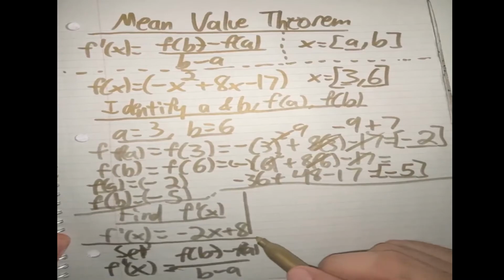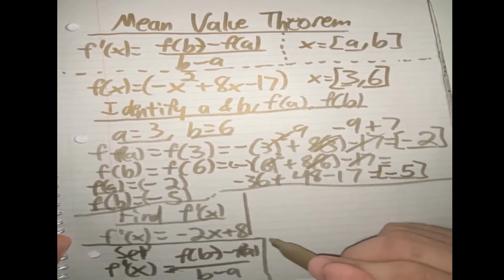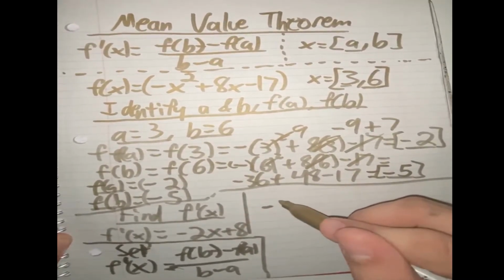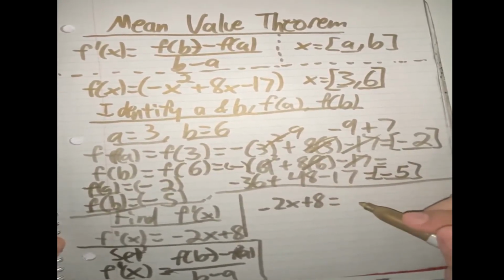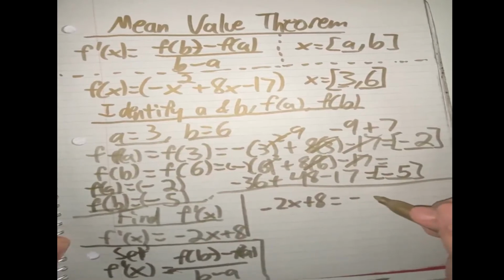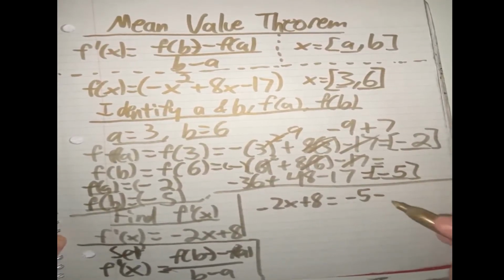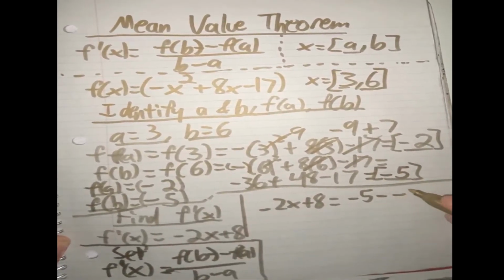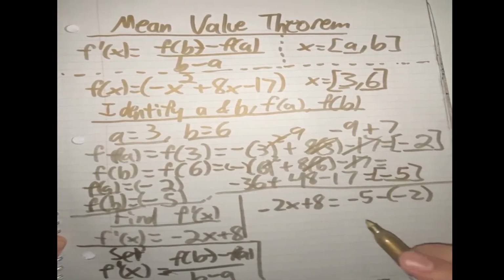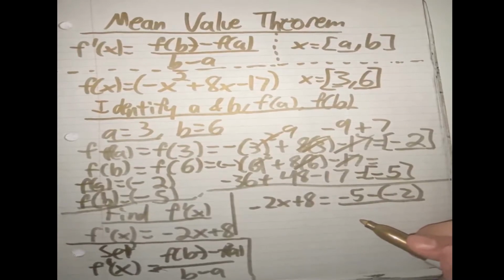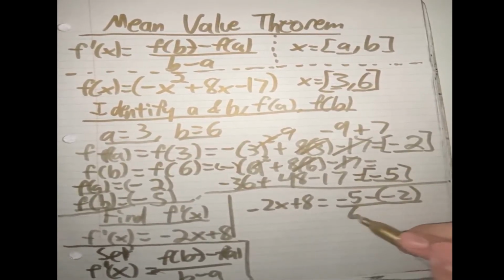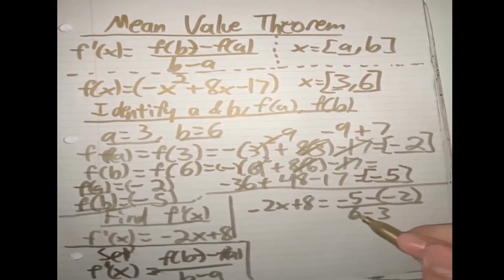So our f prime of x would be negative 2x plus 8, and we set this equal to f of b, which was minus 5, minus f of a, which would be minus 2, over b minus a. So 6 minus 3.